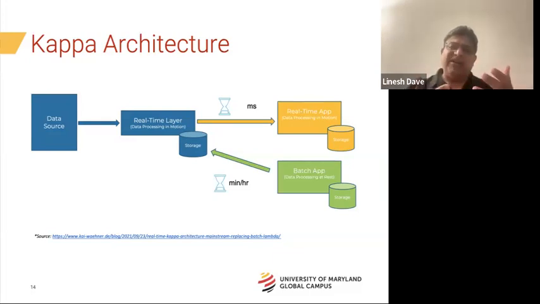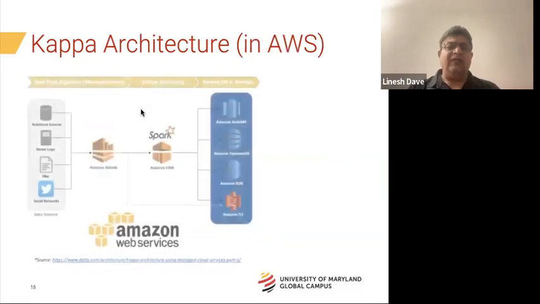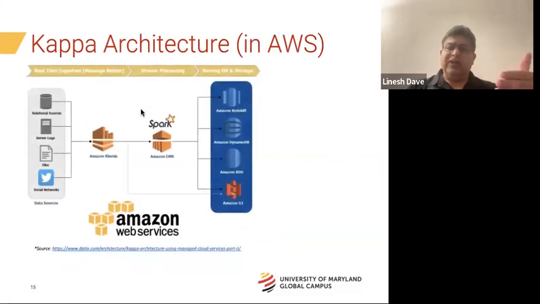But Kappa architecture, yes, and if you want to build something in AWS, it is as simple as you have Amazon Kinesis, which can bring in your streaming data or your batch data. It can pull that data in. You could have an EMR, which you're going to do in assignment 3. You're going to use a processing service like Amazon EMR or Spark, and it can do that.